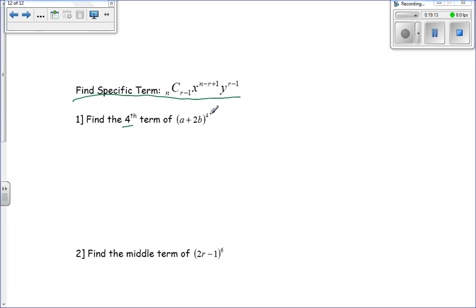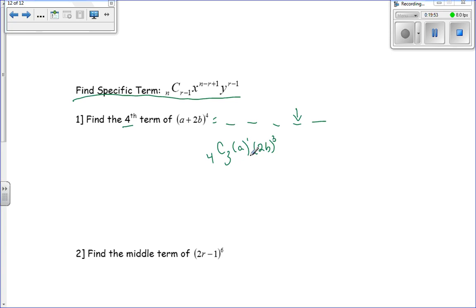I should have 5 terms. Okay? So 1, 2, 3, 4, 5, I want to find this term right here. It should be 4c0, 4c1, 4c2, 4c3, a to the 4, 3, 2, 1, 2b to the 0, 1, 2, 3.